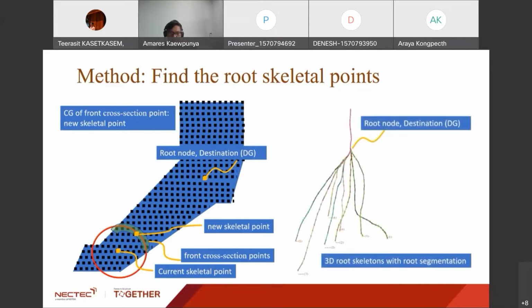The benefit of calculating the skeleton points of each root separately is that the skeleton points of each root are grouped separately and ready for the root morphological calculation.